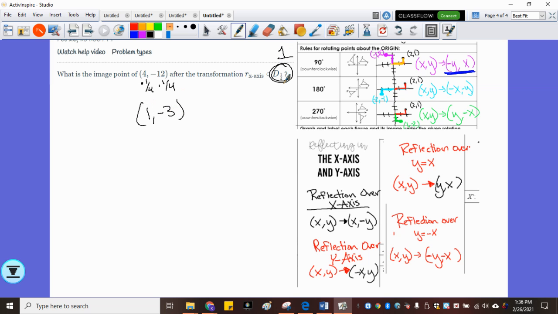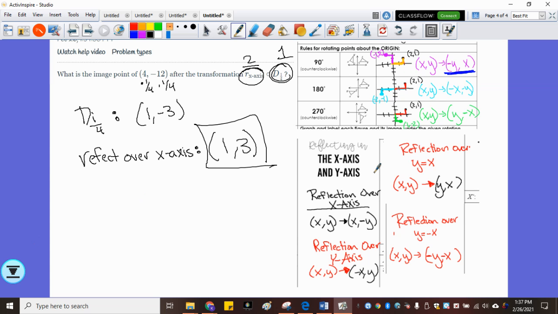This is always your first step on the far right. And then your second one is that one. So that's your dilation of 1/4. And then you reflect over your x-axis. Reflecting over your x-axis, the y sign changes. Since it was negative, it's going to change to a positive.